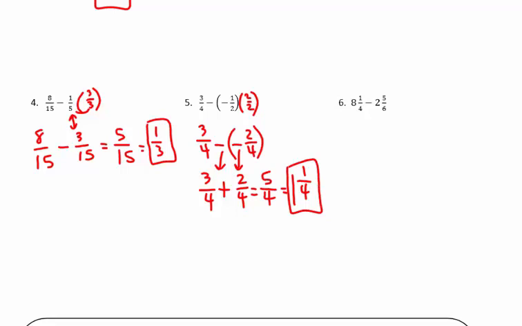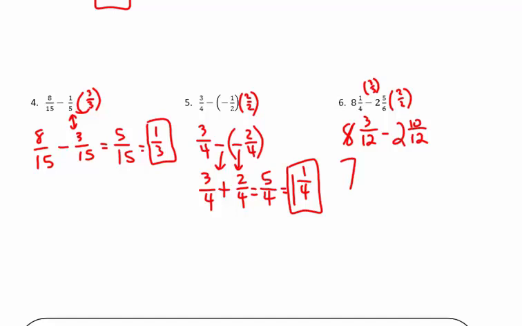Number 6, common denominator of 4 and 6 is 12. That's the smallest number they'll both go into. So this I'm going to multiply by 3 over 3 and get 3/12. And this one I'm going to multiply by 2 over 2, and that's 10/12. And I'm going to borrow again because I can't take the 3 minus a 10, so I make this a 7.